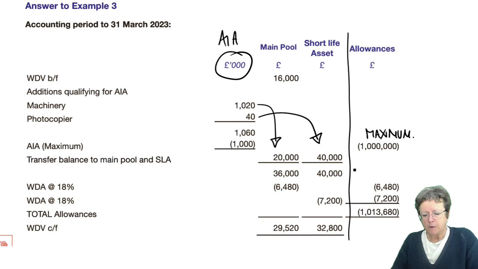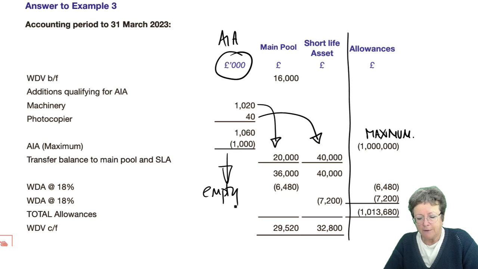Subtotal. Written down allowance, start at the left, work right. You notice again that this column now is empty. It's a calculation only column. Main pool, written down allowance, 18%, 6,480. Put it in the end column.